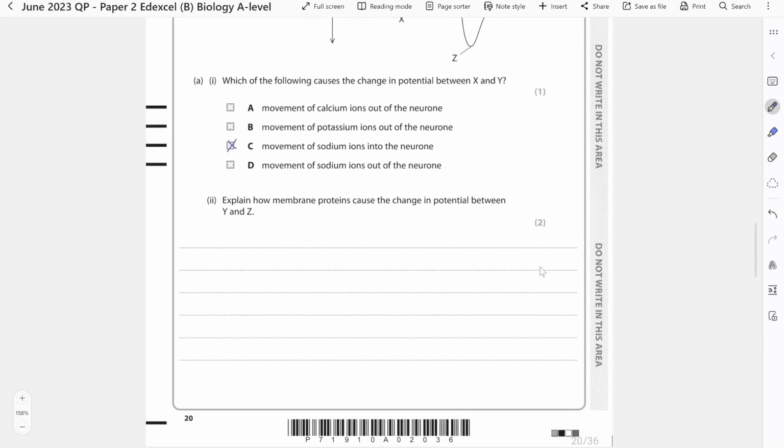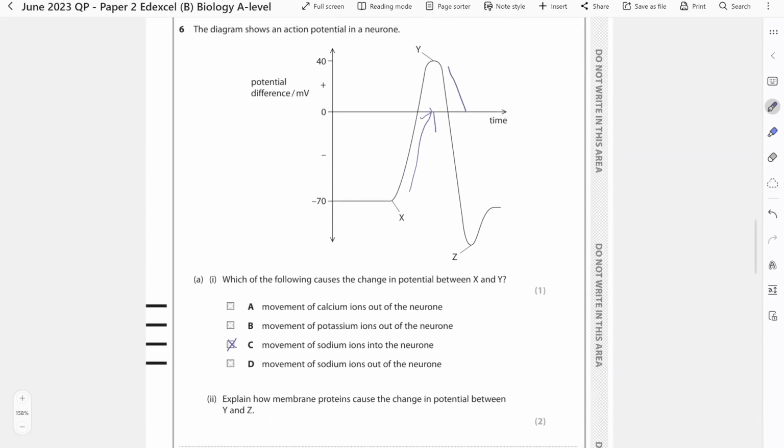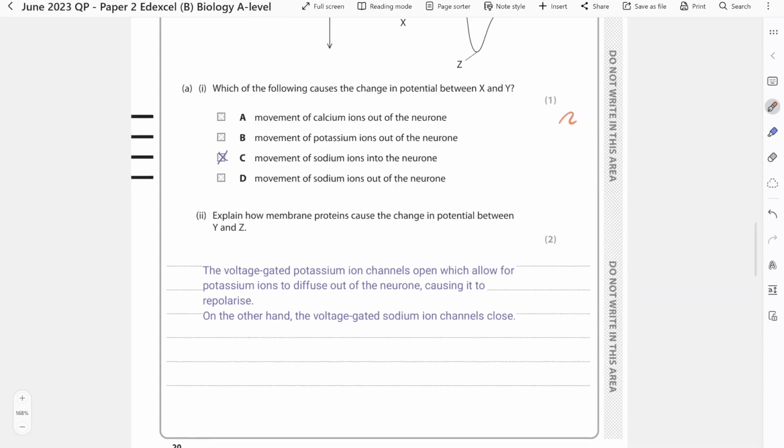Alright, let's move on to part 2. Explain why the membrane potential caused the change in potential between X and Z. So X and Z is referring to this part, which is the repolarization. So the reason why the membrane potential becomes more negative is because we have these things called voltage-gated potassium ion channels, and they open, and so that allows the potassium ions to diffuse out of the neuron.